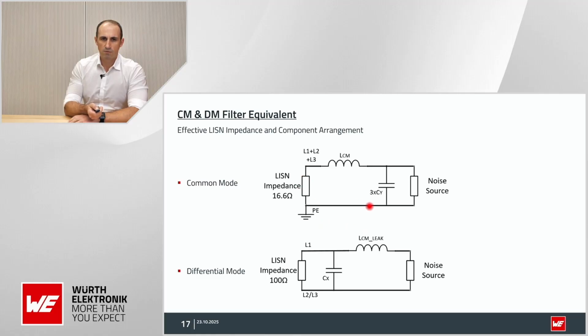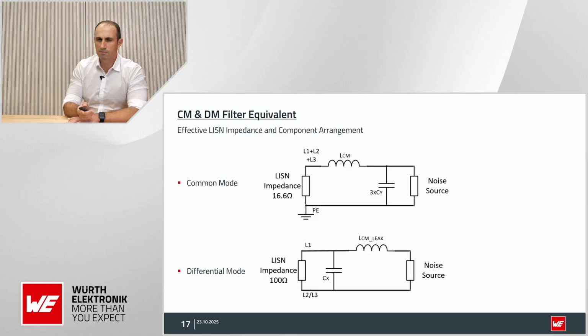And this is the protective earth, and we are here with the 1, 2, 3 lines. From a differential mode point of view, this is different, where we have the 100 ohm impedance of the LISN, because two 50 ohm resistors are in a row. And the noise source is usually the input capacitors of our, let's say, main stage. There we can assume a much lower impedance, usually between 1 ohm and 10 ohm in high voltage applications.